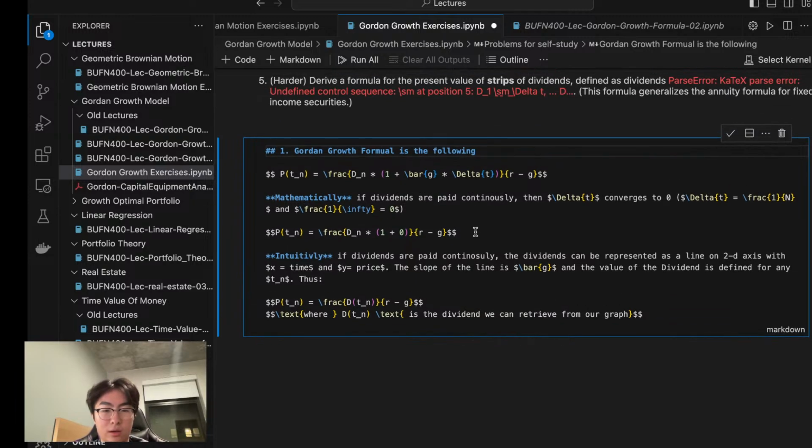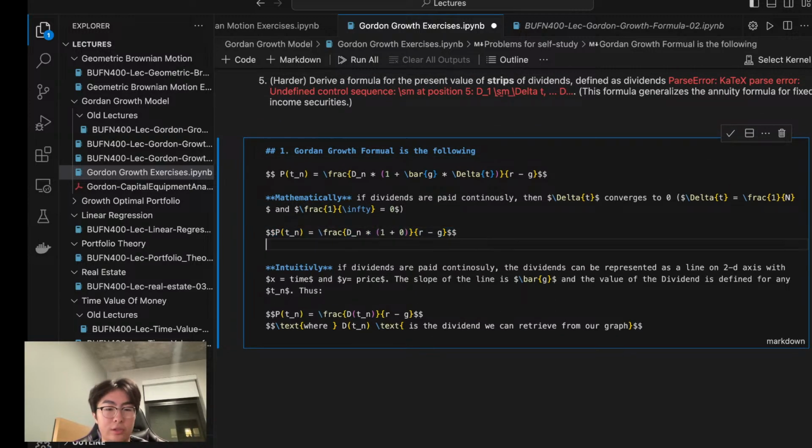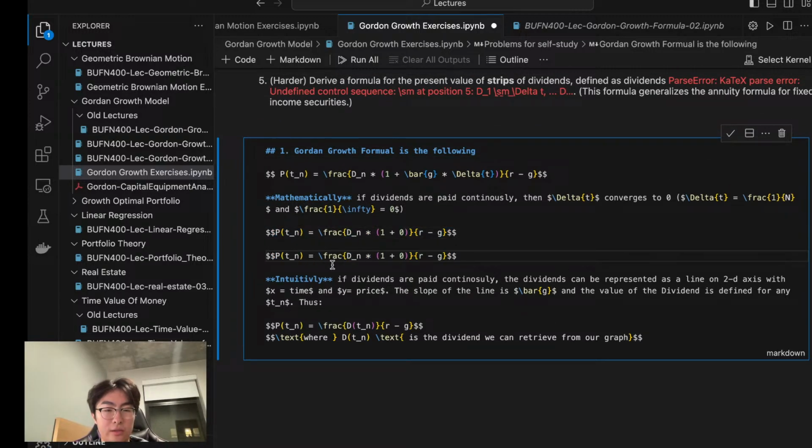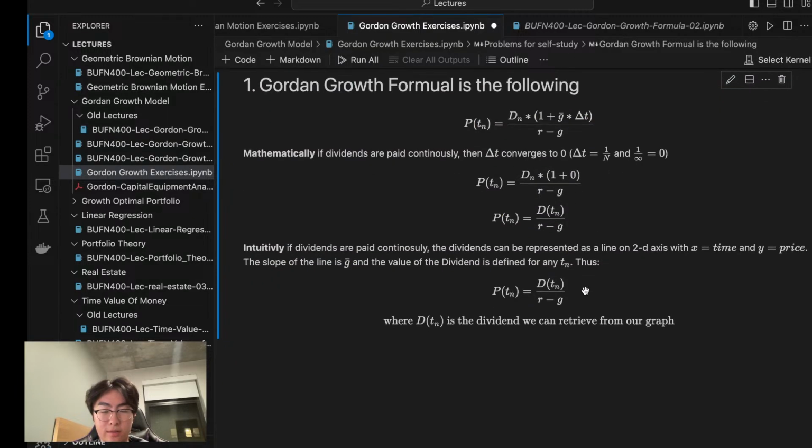Okay. So this is all this is saying is really that the price of our asset at some arbitrary time, call it Tn, which we could say today, is equal to the dividend of our asset today divided by the expected return of the asset minus g.